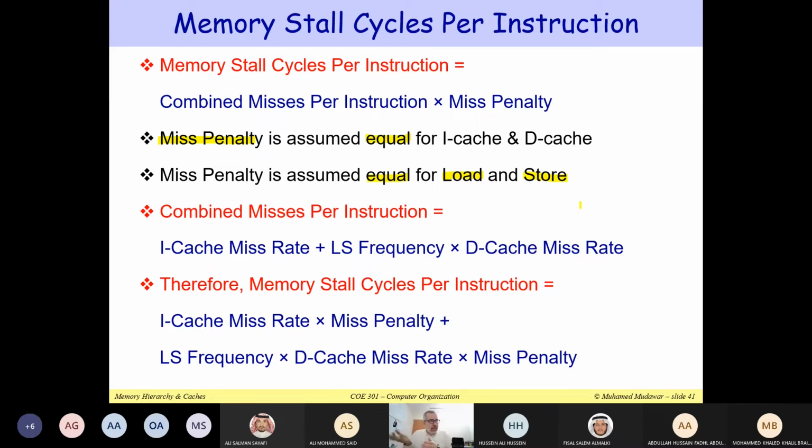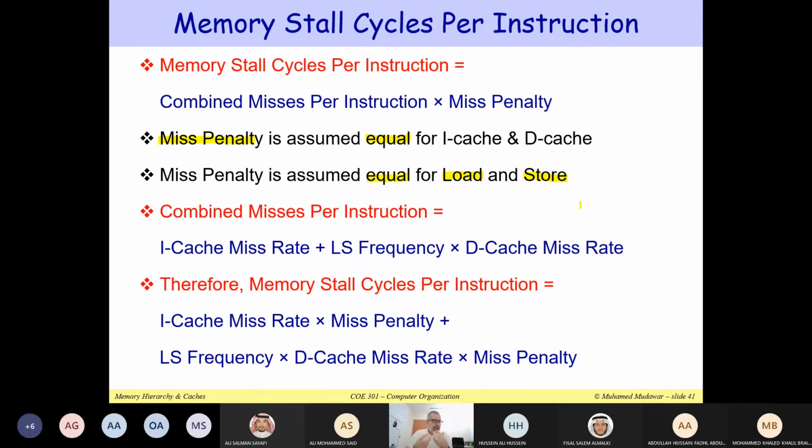If you have a cache miss on a store, we wait for the block to be transferred from the memory into the cache, and we then write to the data cache. So we are assuming the same miss penalty.